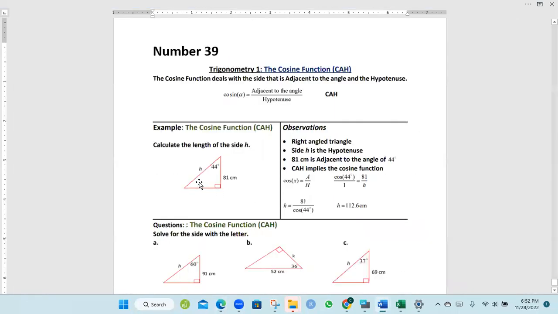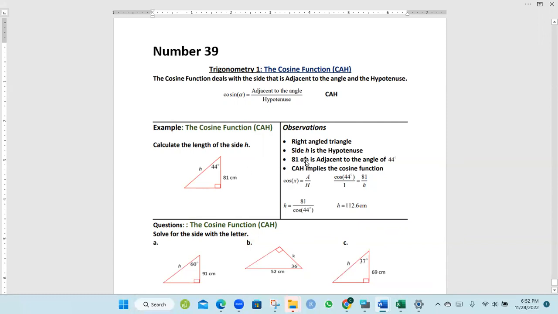So now here you have an example. The cosine function CAH calculates the length of the side H. So here is H. As you know, you always make some observations once you are solving a triangle. So first we notice that it's a right angle triangle because of the box, the 90 degrees box. Now we talk about the side that contains the letter, the side you want to find.